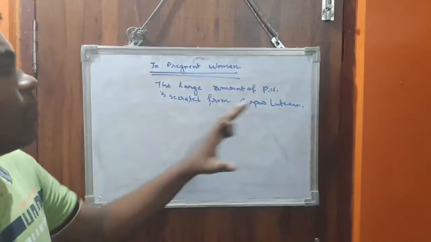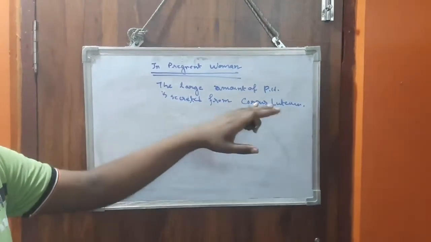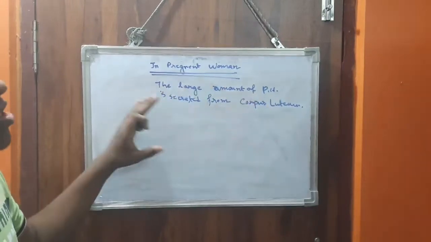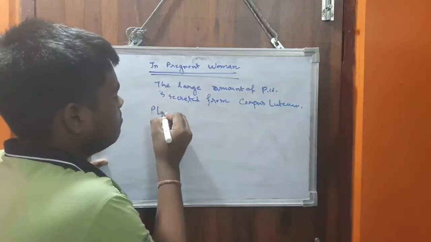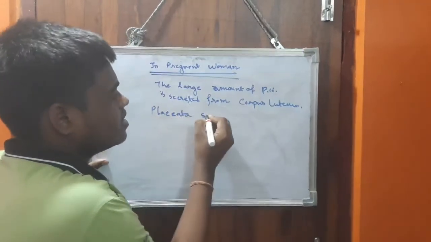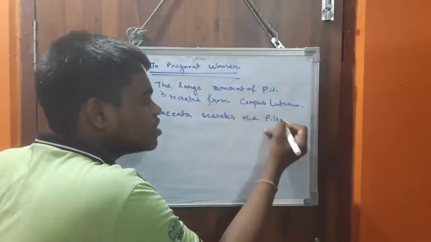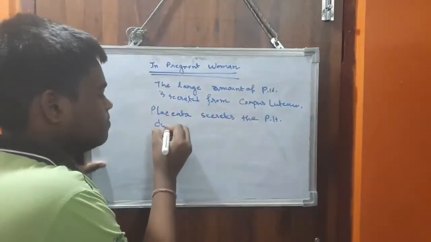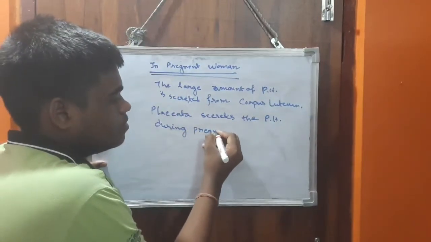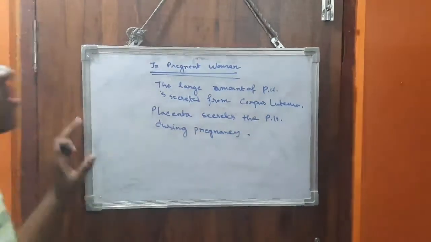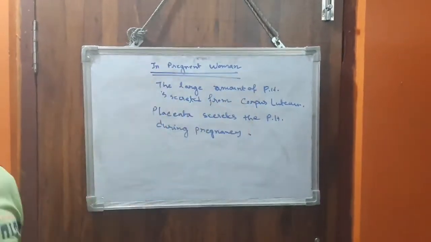After the degeneration of the corpus luteum in pregnancy, the progesterone hormone is secreted from the placenta. So the placenta secretes the progesterone hormone during pregnancy. This is how progesterone hormone is secreted in pregnant women.